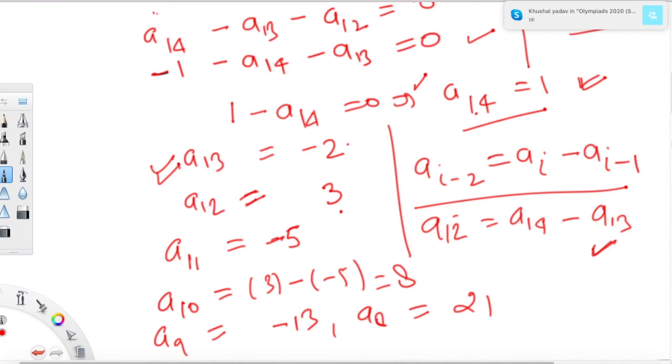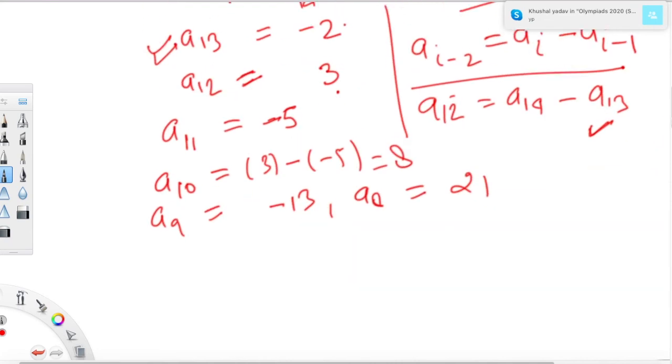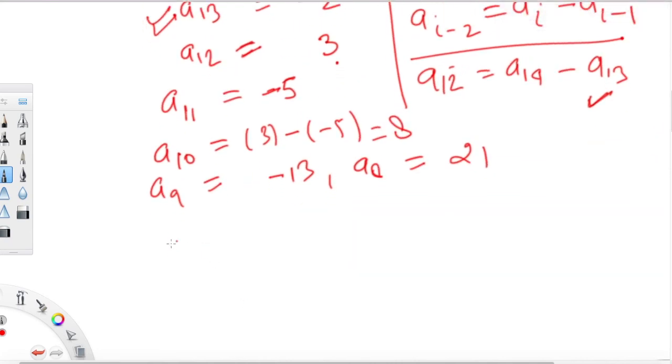So now I am simply using the relation repeatedly, and I will reach a0, which is required. What is a7? Minus 34.